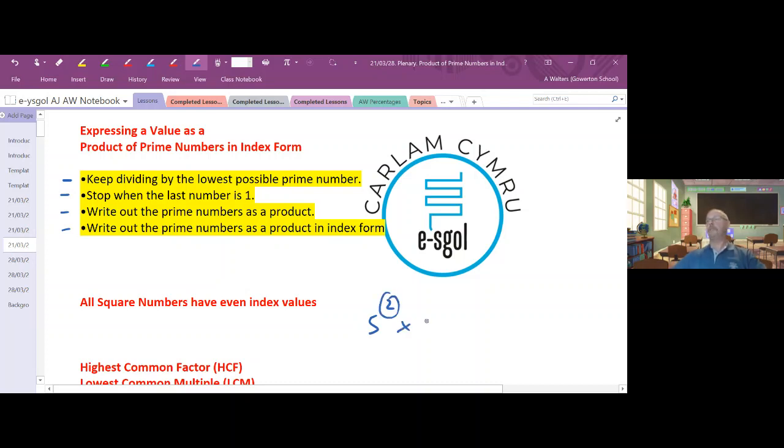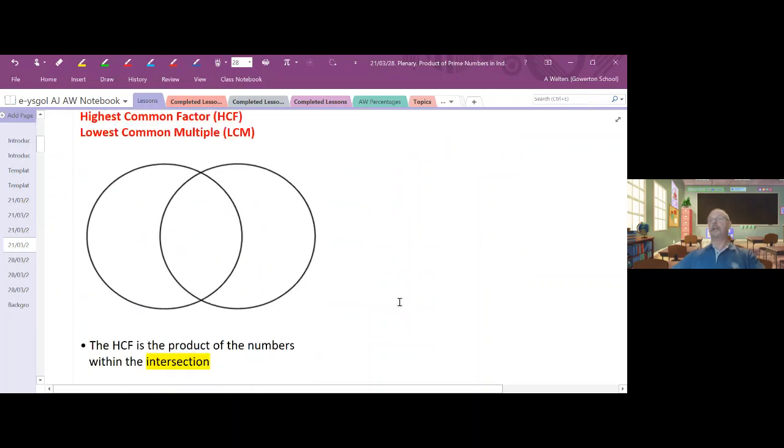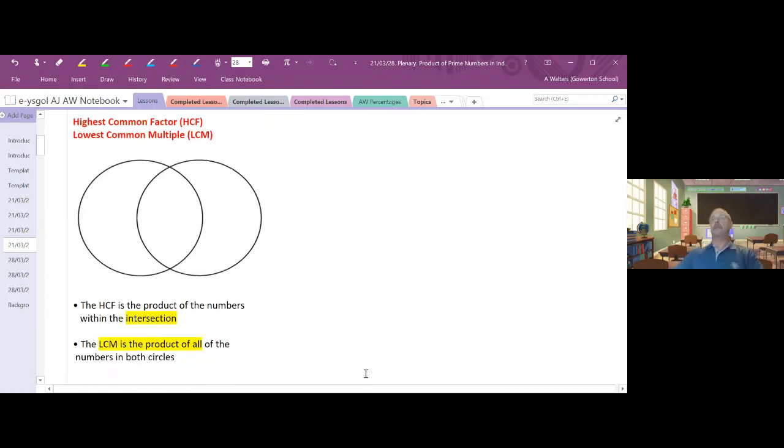I know that's a squared number because that's even. That large number is a squared number because it has even index values. When we look at the highest common factor and lowest common multiple, when you've got the product of both values, you highlight what's common on both.